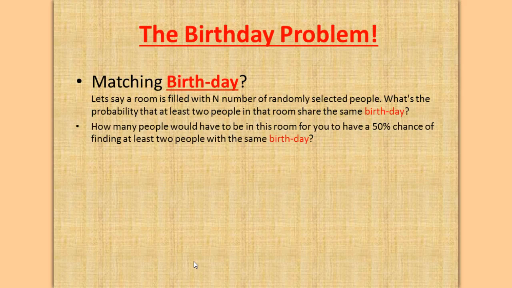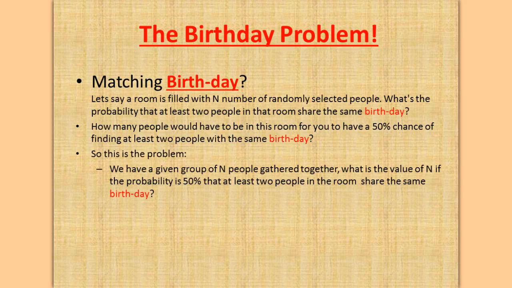How many people would it have to be in this room for you to have a 50% chance of finding at least 2 people with the same birthday? Remember, we're still with the hyphen now. So this is the problem: we have a group of n people gathered together. What is the value of n if the probability is 50% that at least 2 people in the room share the same birthday?